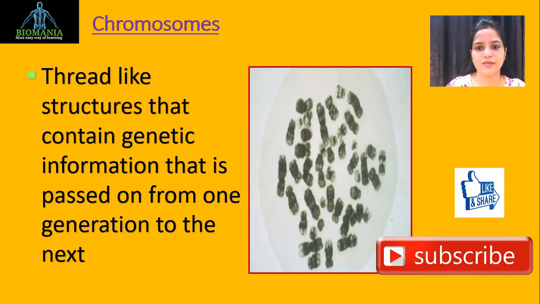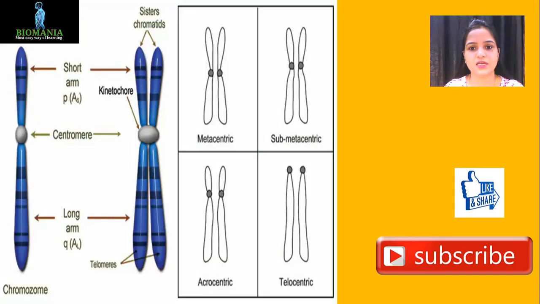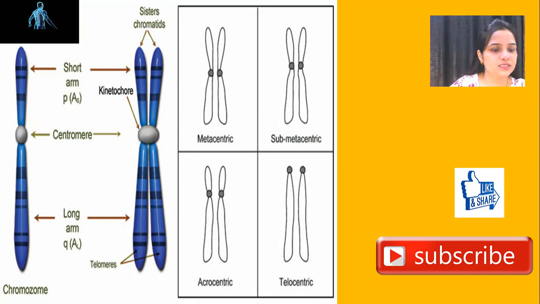Here you can see the chromosomes. So many chromosomes are present here. That is a real picture. And now I am going to show you the structure of a single chromosome. Here you can see that this is the central portion of the chromosome that is known as the centromere. And that centromere has one long arm on one side and a short arm on the other side.